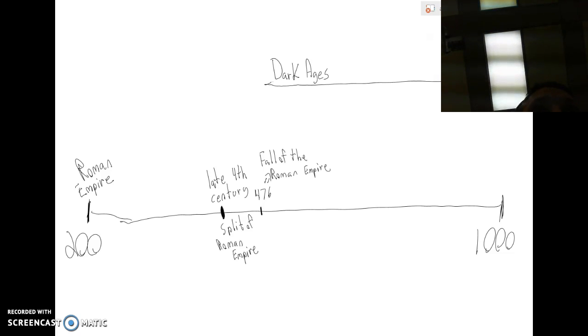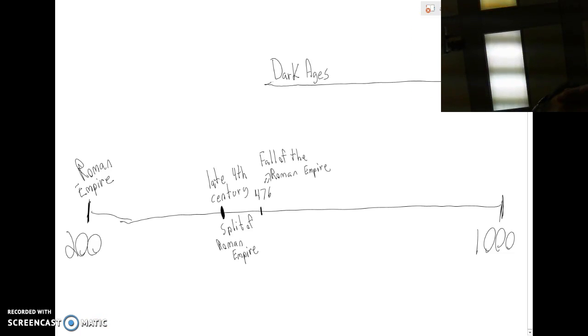We also know this term Dark Ages is problematic, especially from a world history perspective, because it really only applies to Western Europe. We know other regions in the world were experiencing much better times, golden ages during this period. So we talk about golden ages in China, golden ages in the Islamic world. You could also throw the Maya in the Americas in with that group.